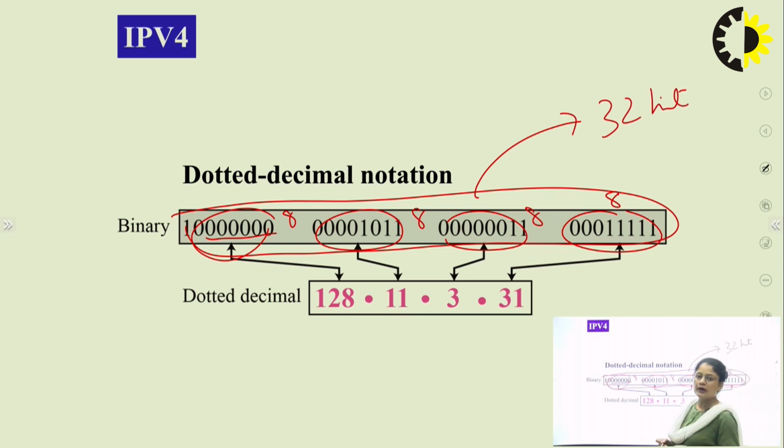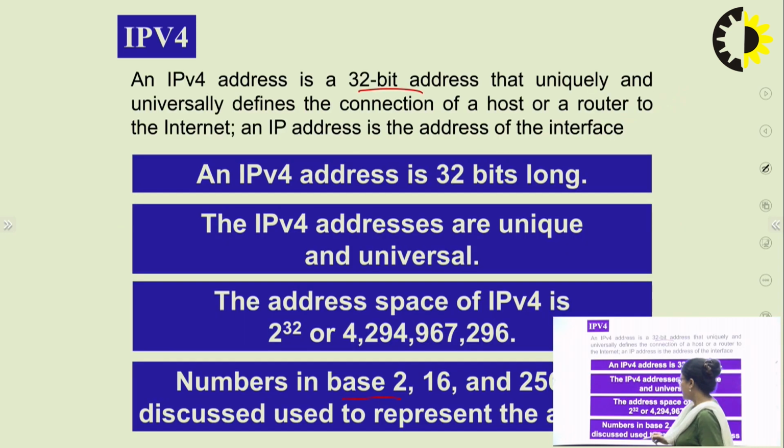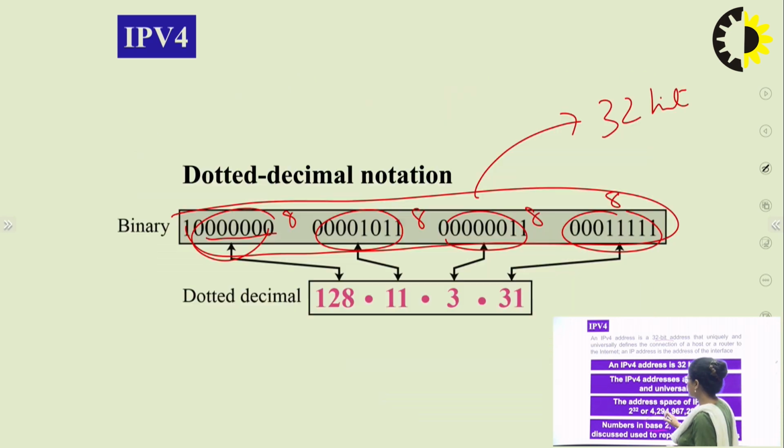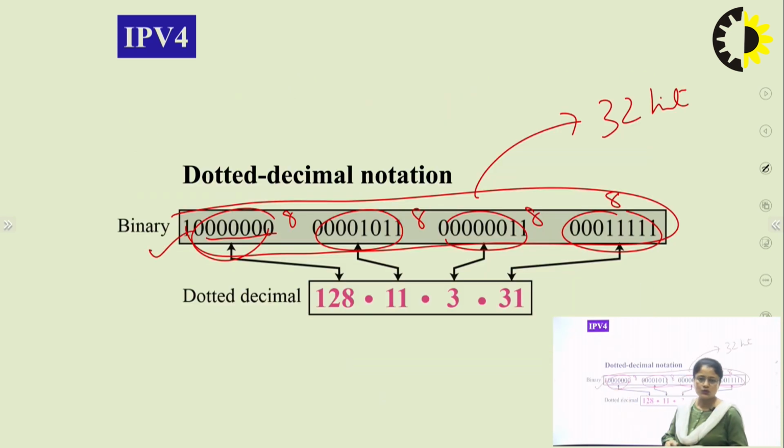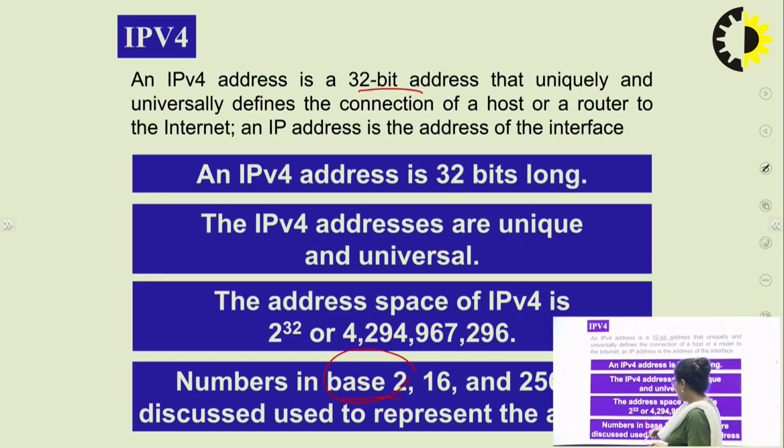So when you're talking about how to represent the 32-bit address, either you go for base 2, an example of which is this binary addressing scheme, or we can go for base 16, which is the hexadecimal addressing scheme, or we can go for base 256. Why 256?